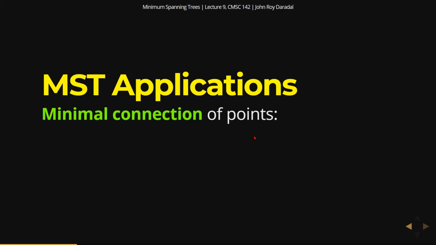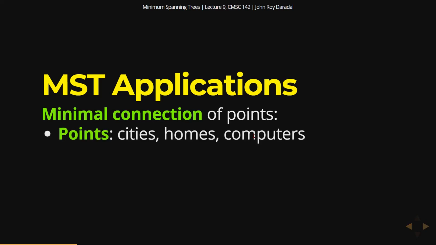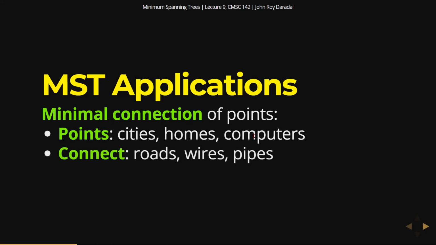Okay? Now, why are we interested in the MST problem? So these are some applications. Whenever you want to connect a set of points using the minimal amount of connection, then MST is applicable. So examples of points would be cities or homes or computers, and the connections could be roads for cities.